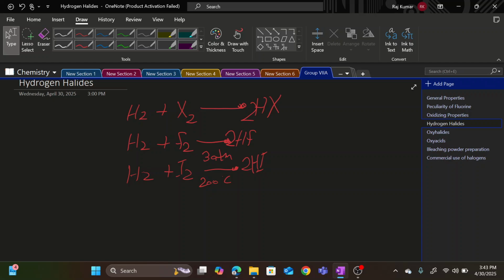Again, these hydrogen halides have a lot of different characteristics.